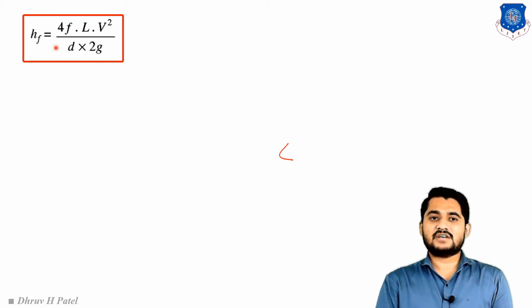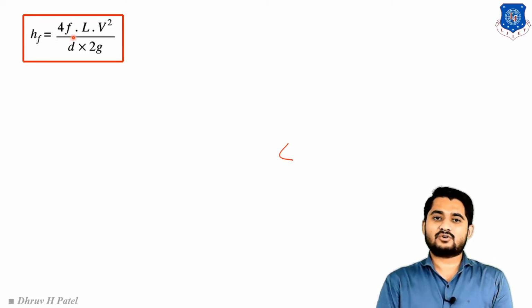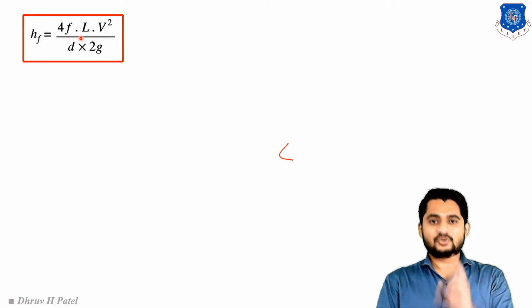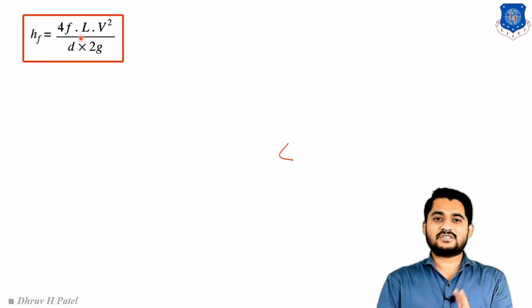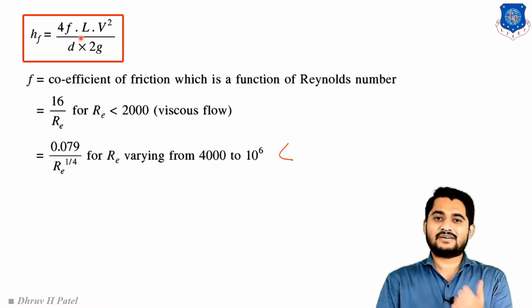In this equation how can we find our frictional coefficient f? So there will be two equations for the frictional coefficient f. The first one will be for Reynolds number less than 2000, that will be for viscous flow, and the second one will be for turbulent flow. Clear students?